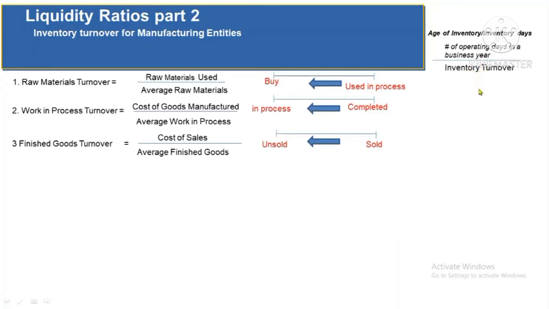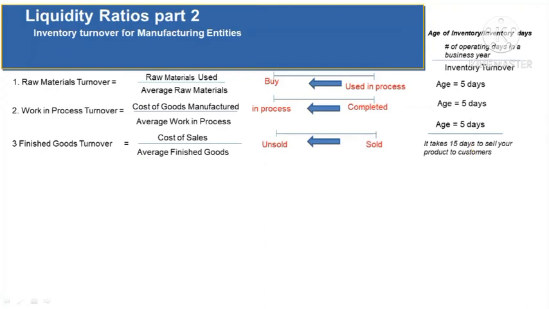So for example, if you have 5 days each for raw material days, work in process days, and finished goods days, that means it takes 15 days to sell your product to your customers. Or if you want it to be simple, from the buying of raw materials and then converting it and then selling it to the customers, it takes 15 days to do all of that.